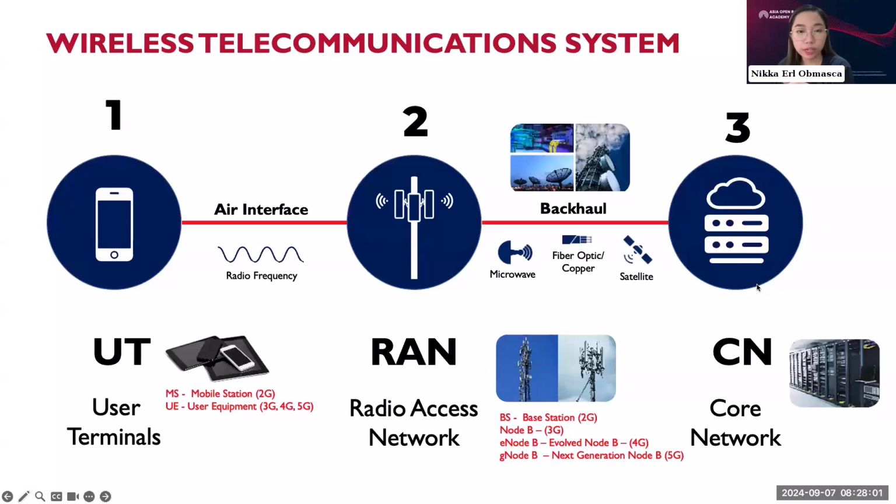So yung core network natin is connected sa RAN natin via a backhaul. So tinatawag natin tong backhaul. Yung backhaul natin, it can be a microwave, fiber optic, or copper, satellite, and other kinds of backhaul.